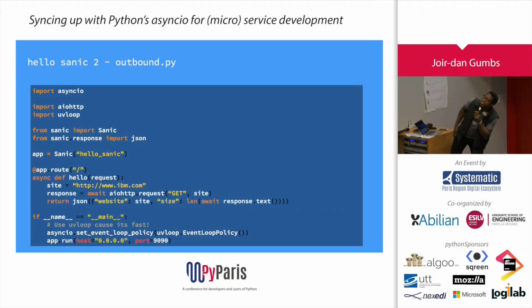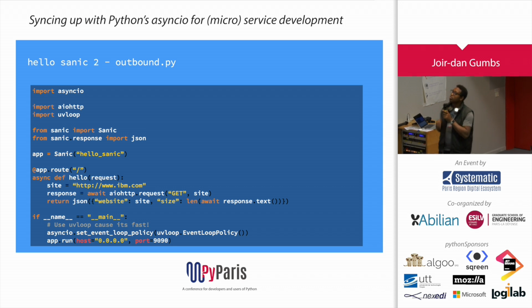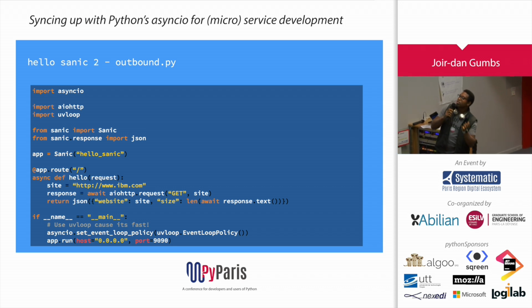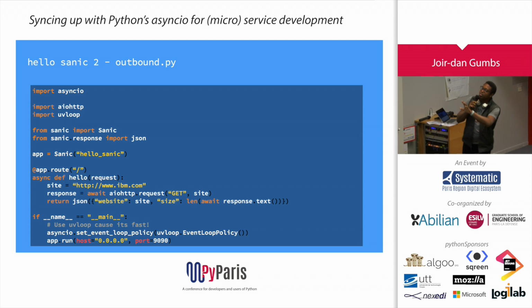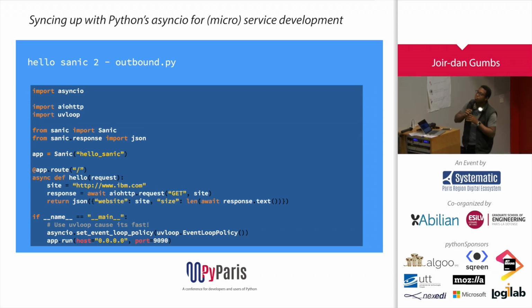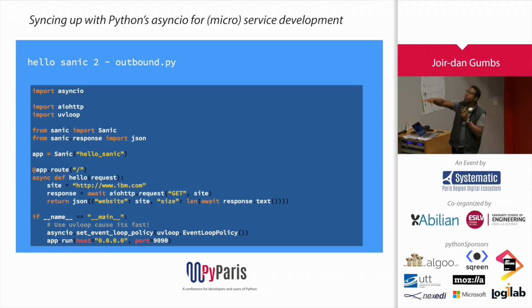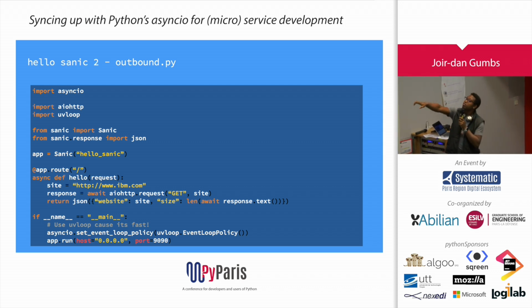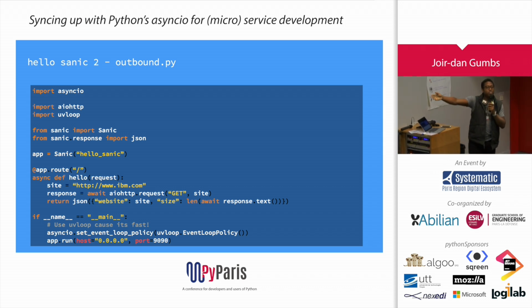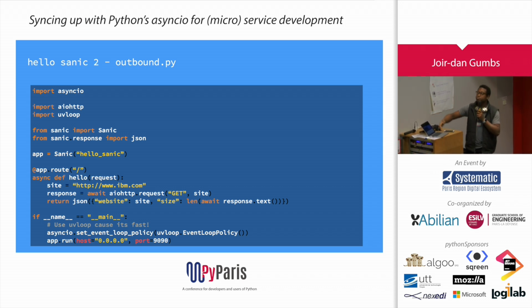So here in Sanic space, I've got another example here called outbound Pi. So in this example, it's nothing too special, but all I'm doing is showing how I can write a coroutine endpoint that can grab information from a remote site, so at this point, ibm.com, and then return to me a simple JSON object, right?